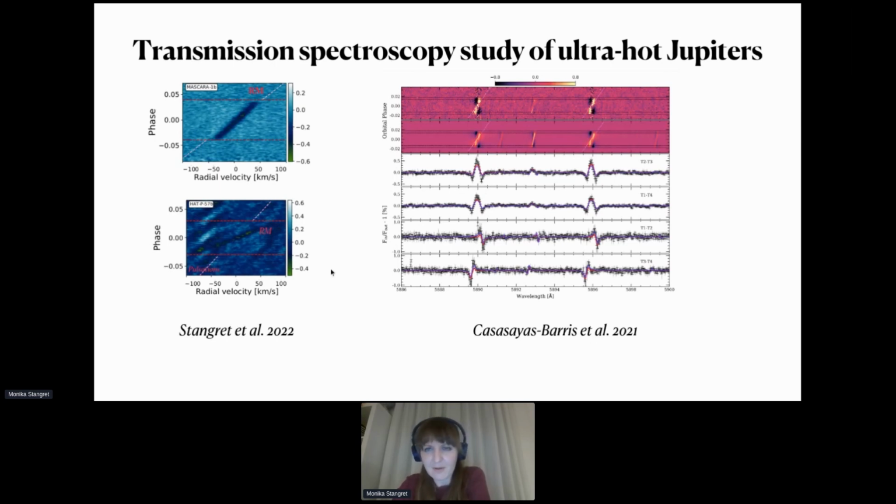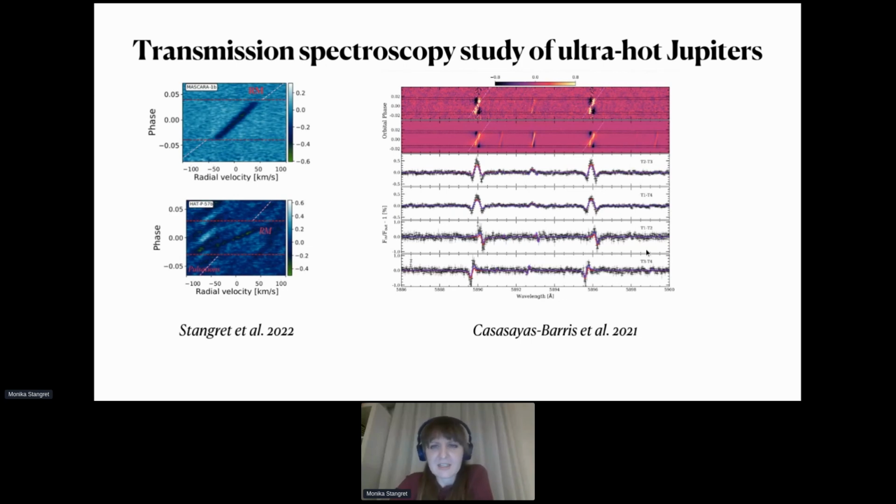And the problem is that this Rossiter-McLaughlin effect appears almost all the time, especially in the signals of the atoms that are in the stellar spectrum. And the interesting thing is this is HD 209458b, the planet where the sodium doublet was first detected. And as you can see here, this is a Rossiter-McLaughlin effect.